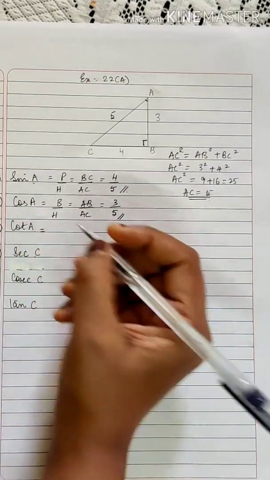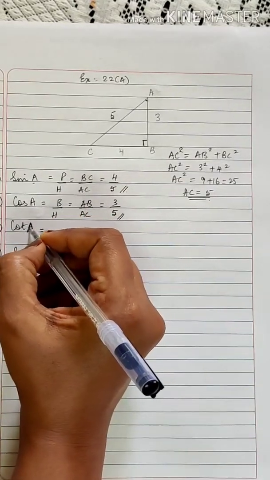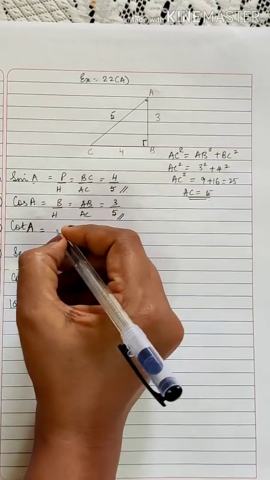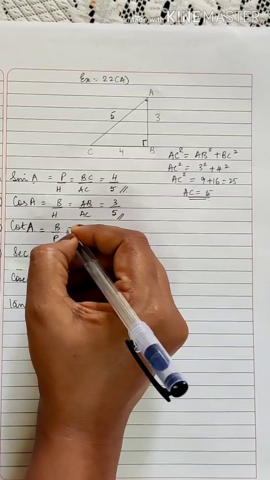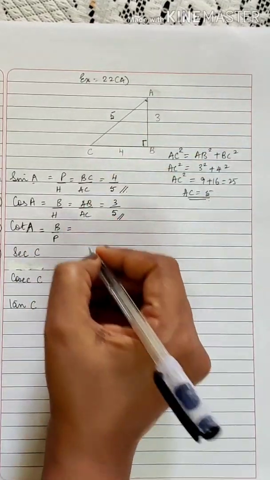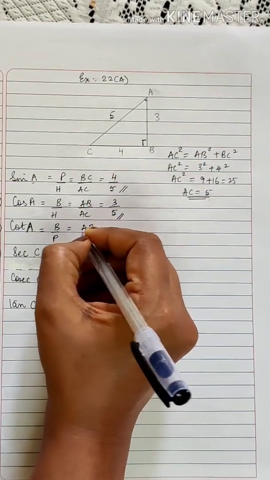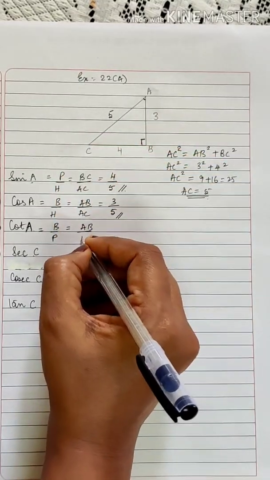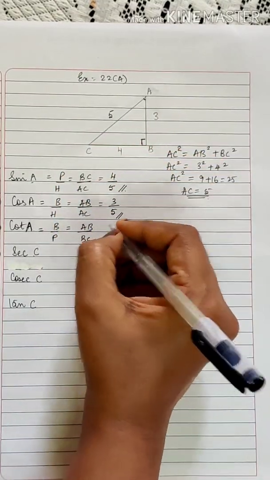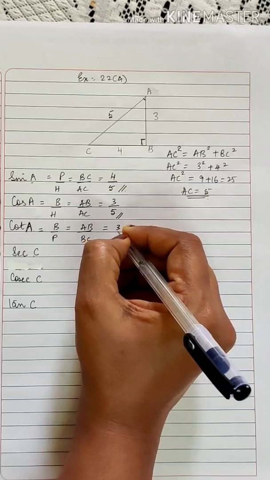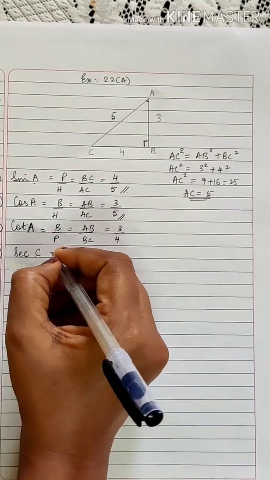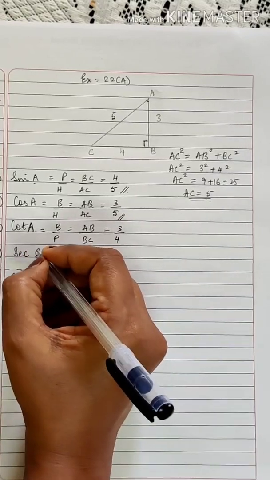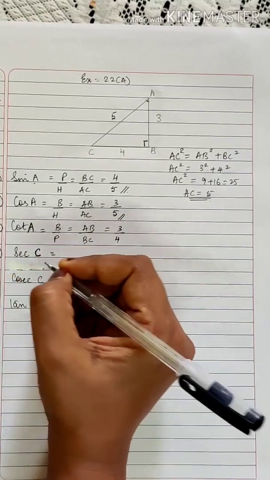Now cot, again the reference angle is angle A. Cot A is base by perpendicular. So what is the base here? AB, and perpendicular is BC. AB is 3 and BC is 4. Now secant C. Now here the reference angle has changed.